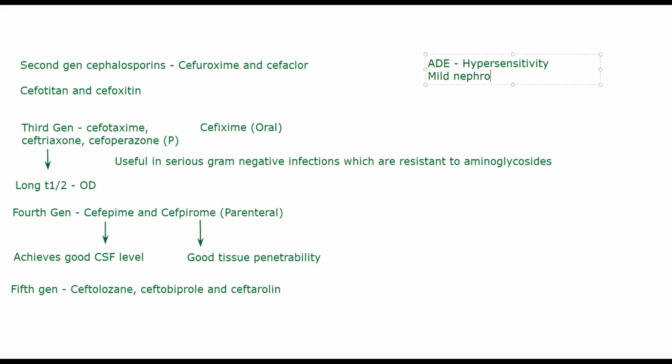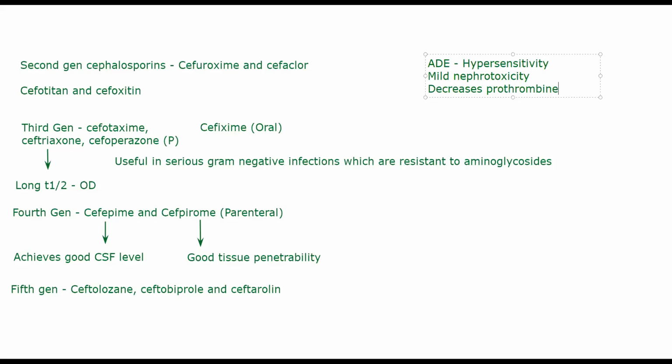It can also cause mild nephrotoxicity. All of these, especially if you are giving it with other nephrotoxic agents. Avoid giving it with other nephrotoxic agents. It can cause diarrhea. It can lead to bleeding, specifically because it decreases prothrombin level and increases prothrombin time. Sorry, it will cause bleeding basically.